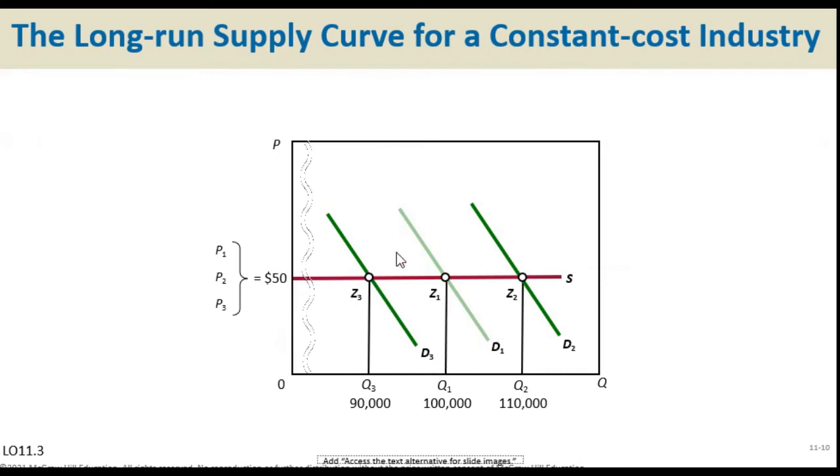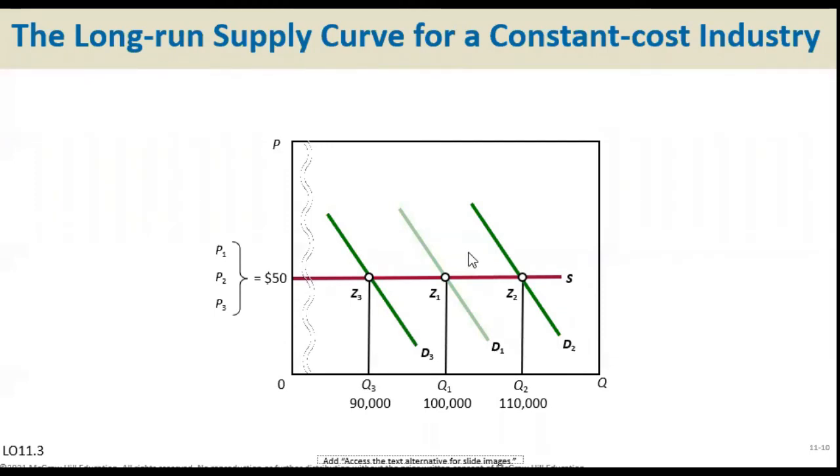So an increase in demand from D1 to D2 moves the output from 100,000 to 110,000, and you see that the price remains the same.